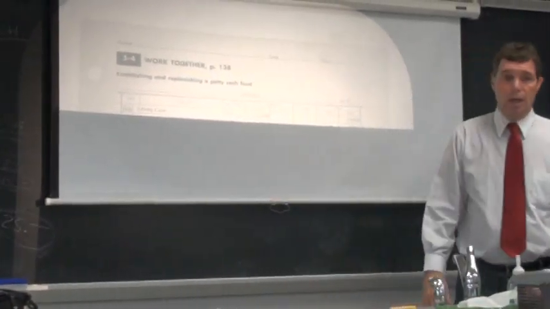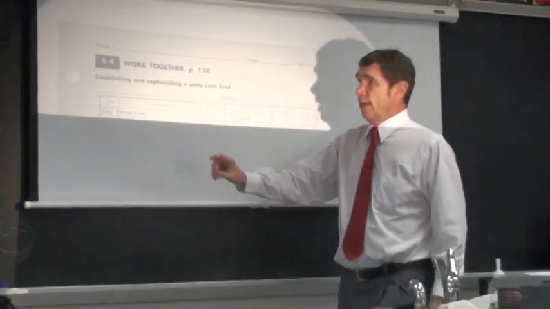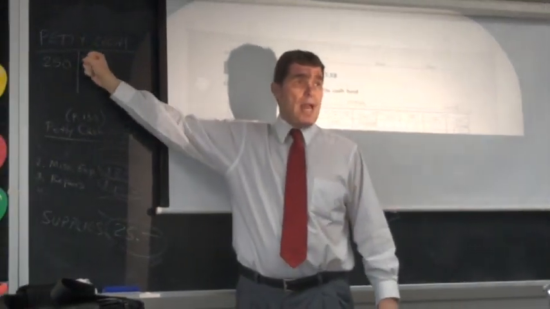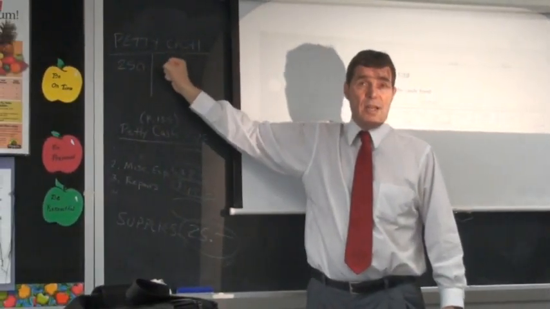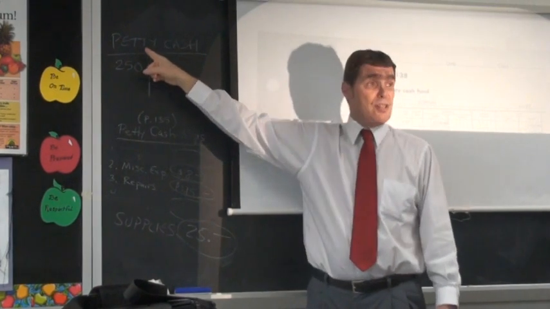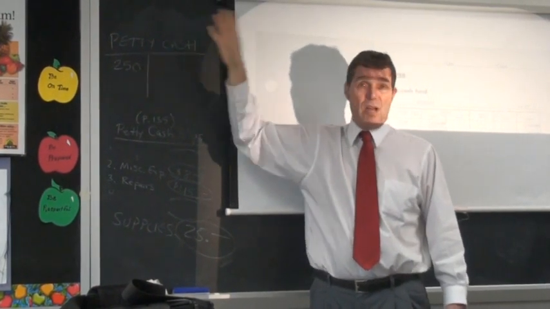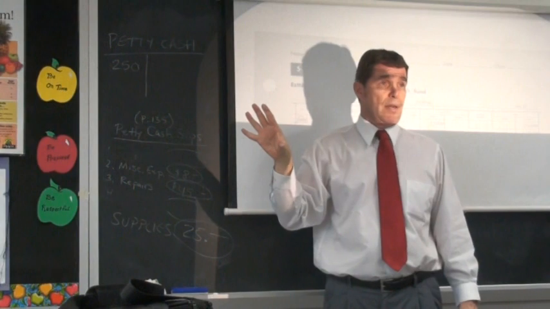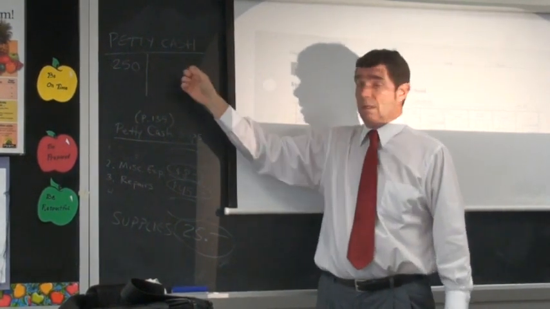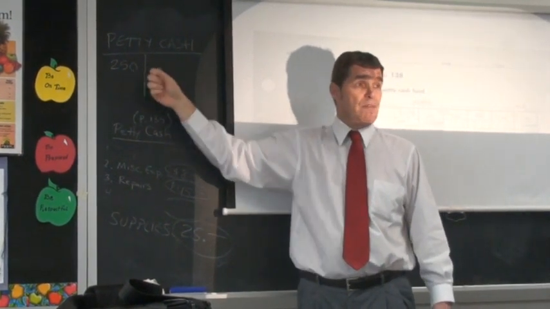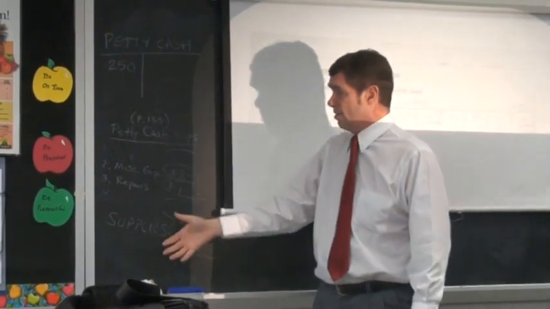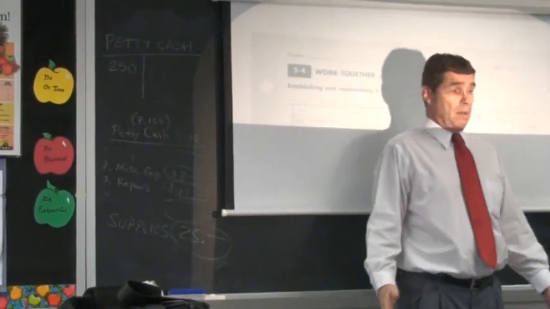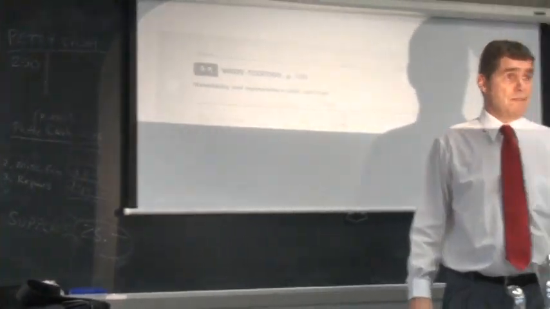So, to replenish the fund, and this is an important point, I am not going to do anything with petty cash. That's not going to be involved in my debit or credit here. I've already established the fund at $250, and if I put the money that I've spent back in, I'm going to be back where I belong, $250.